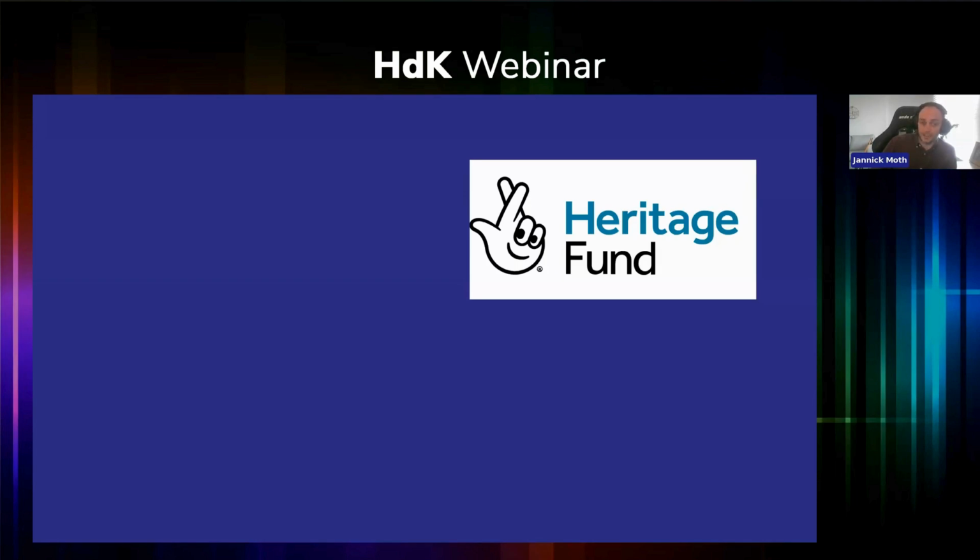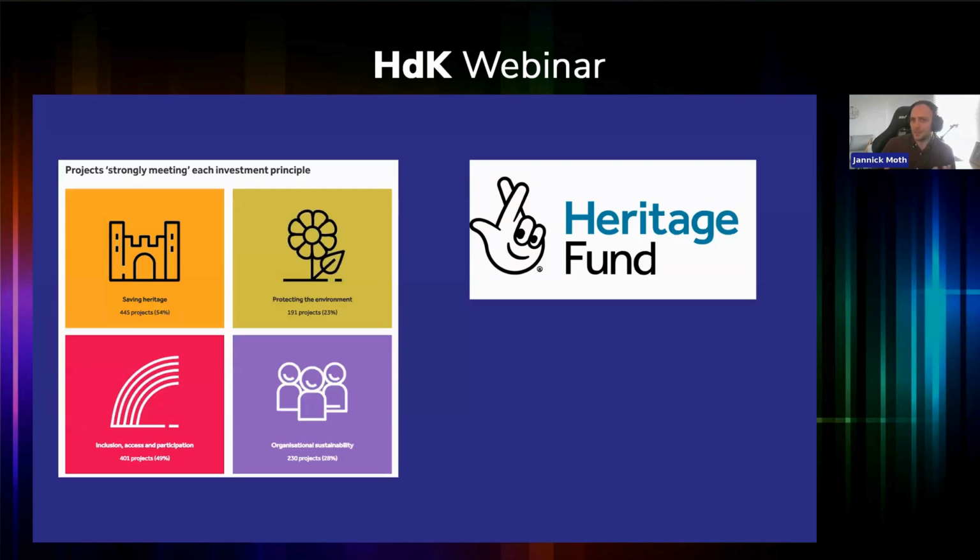Essentially, they set up principles that they wanted to impact with their goals, with their investment. And they put this nice infographic together. This is kind of at the end of it. So it's saving heritage, protecting the environment, inclusion, access, and participation, and organization sustainability. So this is what the goal of the fund was.